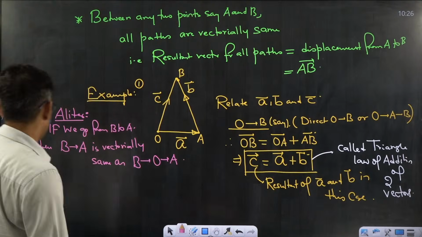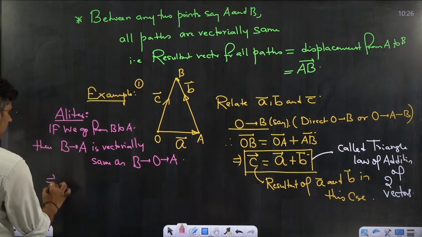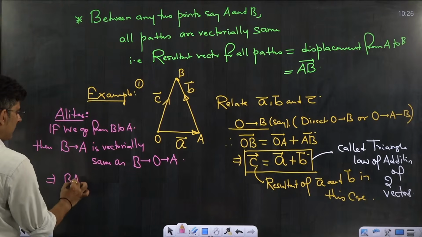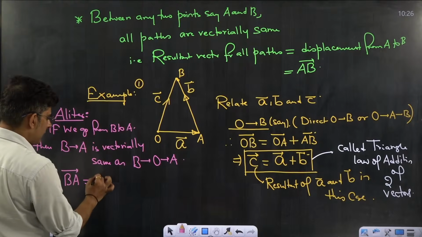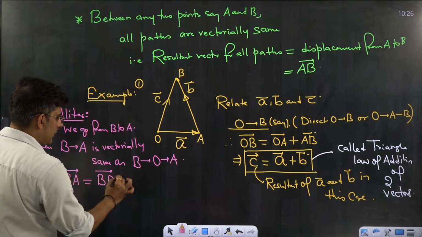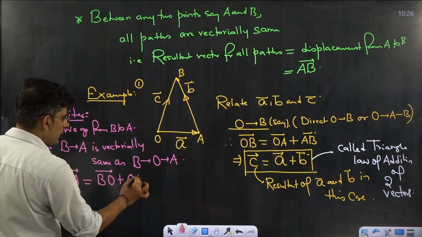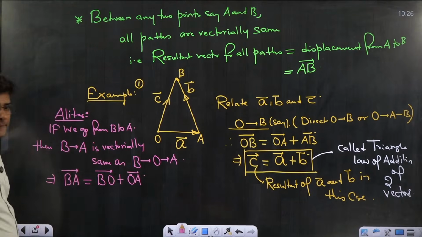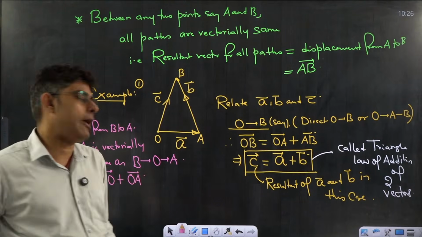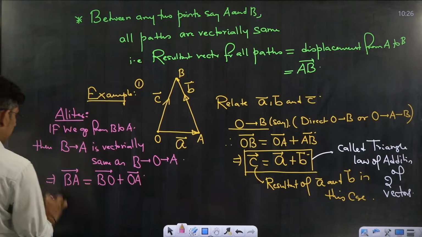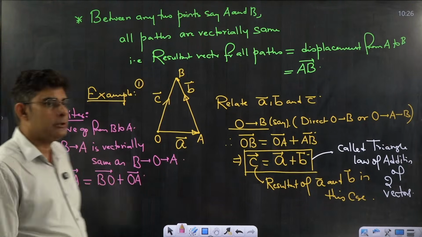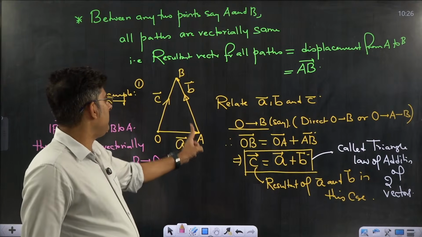See how. You will simply write the direct path B to A means BA vector. And for the indirect path you will write, first I am going B to O, BO vector plus O to A, OA vector. Now, if I just fill the blanks, what is BA vector? Yesterday I told you AB vector is B vector.